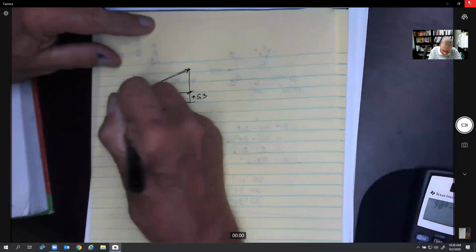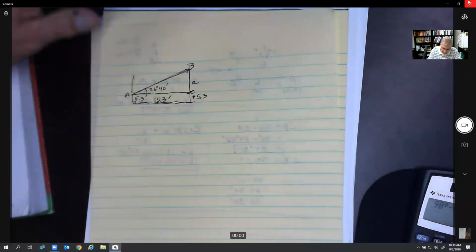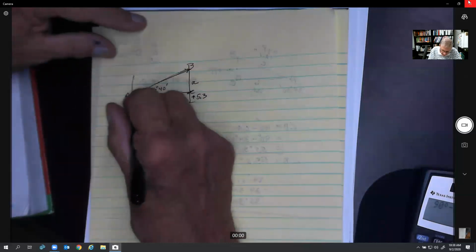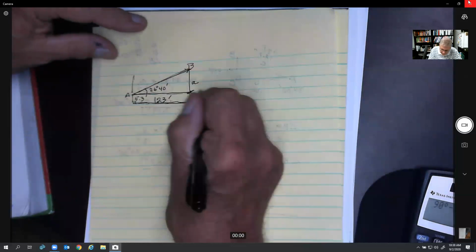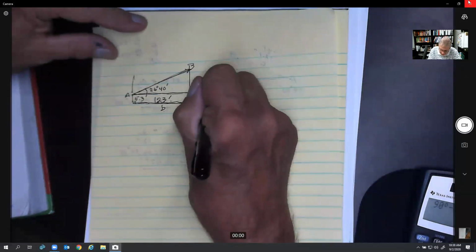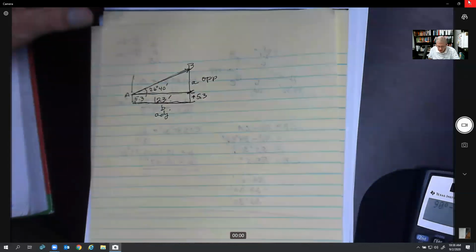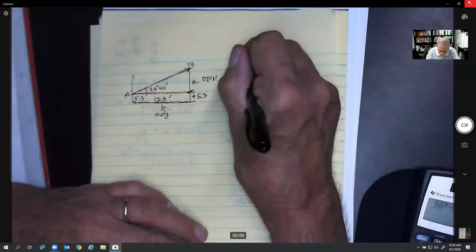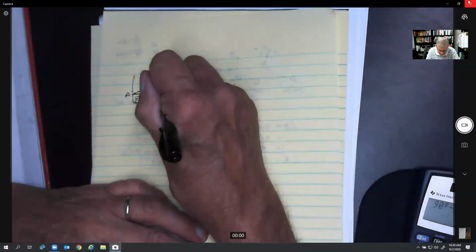Let's call this angle A, this is B, this is C. We're looking for A. And then this right here would be side B. This right here is the opposite. And this right here is the adjacent. So in order to find A, I need a relationship using A and B because I don't have the hypotenuse and I don't want to find it.